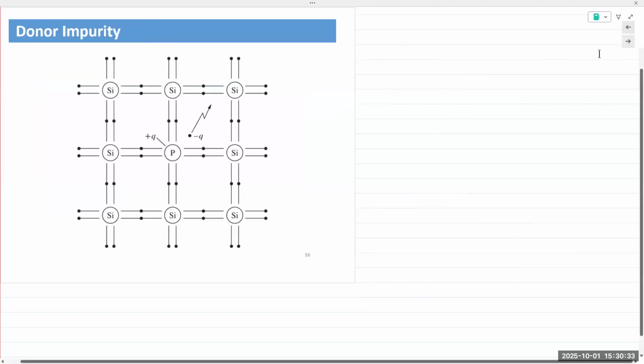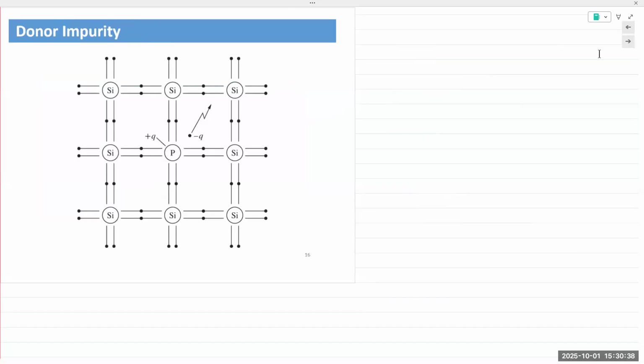Okay, so what happens? Let's say you have a column 5 element. Column 5 elements have 5 electrons in their valence shell, or in the outermost orbit, right? So if you introduce this element, or the atom, inside the silicon structure, I'm using silicon synonymously with semiconductor, but again, these are processes for all semiconductors.